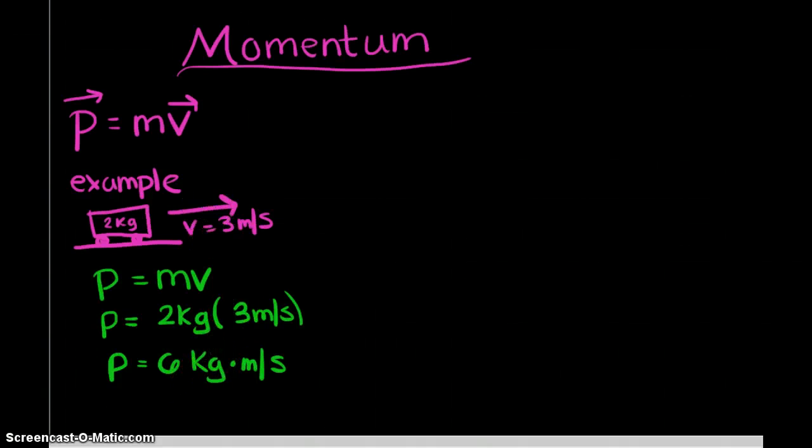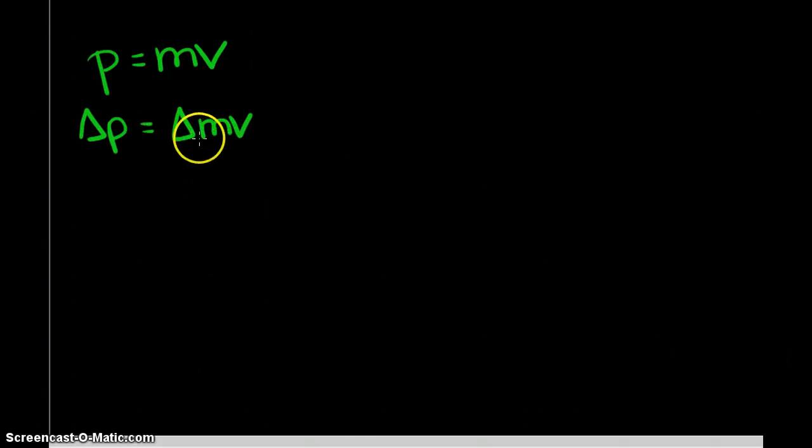All right, I want to take a look at momentum in terms of these quantities that we've already seen. So if momentum is mass times velocity, that means that we can represent a change in momentum as a change in mass times velocity, right?